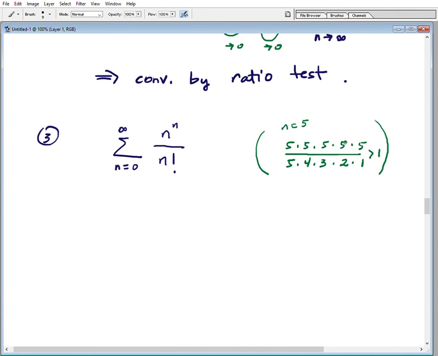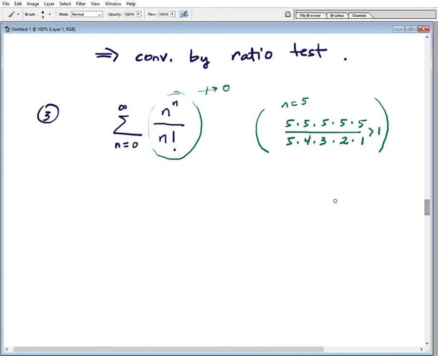The numerator is larger than the denominator, and that's true for all of these. The numerator is always larger than the denominator. These are definitely not going to 0. There's no way this is going to converge. The terms do not go to 0; they're getting bigger. So there's no way it's going to converge, and we'll see that by the ratio test. You could just show the limit doesn't go to 0, and that's the end of the story.